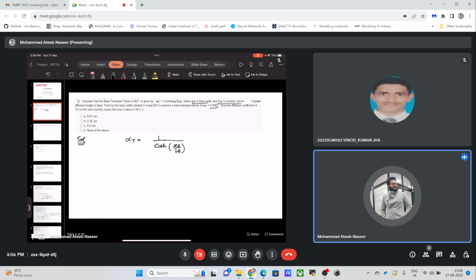So DB is given, and the minority carrier lifetime in the base is also given. Since this is a PNP BJT, what can you comment about the minority carriers? What kind of minority carriers will be in the base?